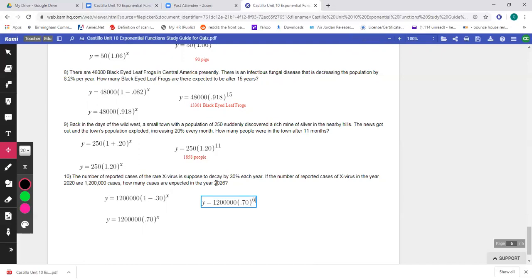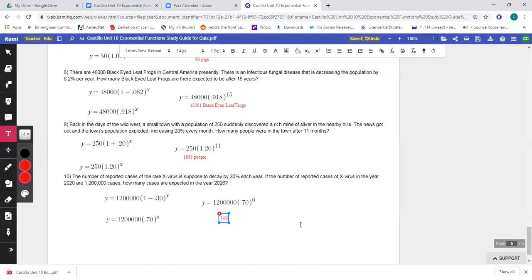And then if I go ahead and do this on the calculator, I get that there should only be 141,179 cases after rounding.